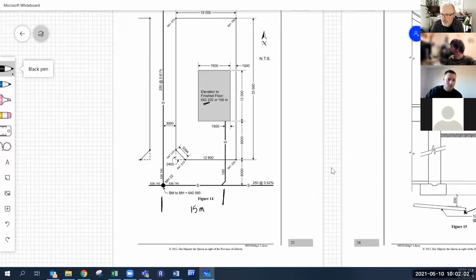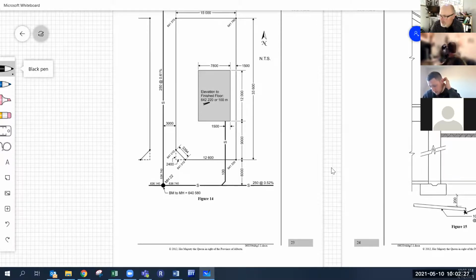We did sewer mains in a manhole. Yeah, same thing. This is our building sewer, and this is the manhole. So yes, 15 meters. We already did that. That was easy.